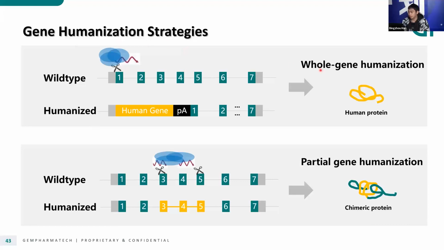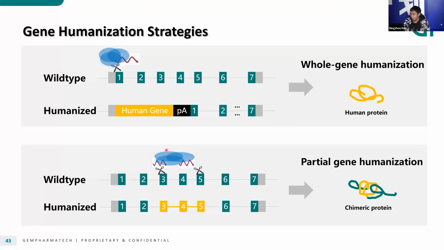The first is to humanize the whole gene by introducing the human coding sequence at the 5' of the wild-type mouse homologous gene, using the methods I introduced before. And then this construct is terminated by a polyadenylation signal for transcription termination. And then the expression of the endogenous mouse gene will be substituted by the full-length human homologous gene, which is called whole gene humanization.